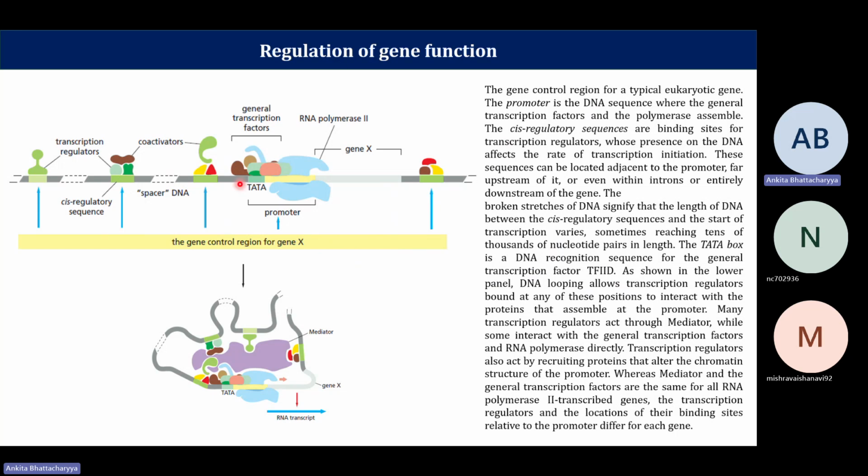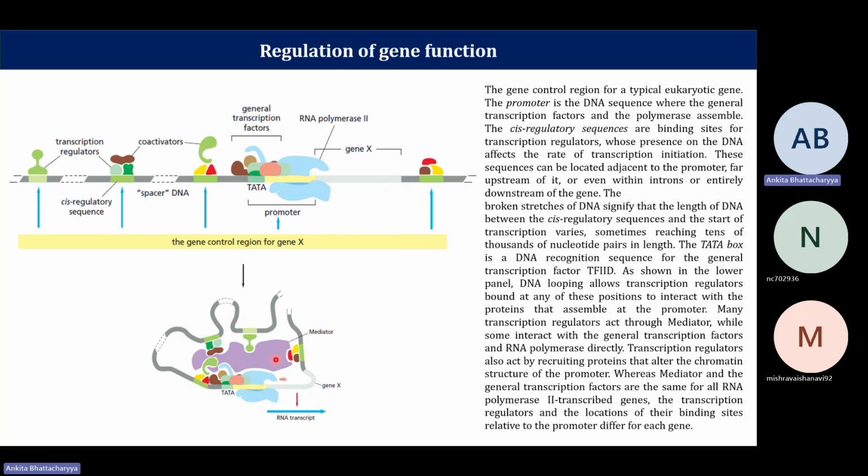Then you have co-activators, which can be very close to the promoter, or quite far. You have these cis regulatory sequences, which when bound by trans factors can act as activators or co-activators of the transcriptional process. And the reverse is also possible, where it can impede the expression of a gene as well. So depending on this, the gene function can be controlled. And here what you see is pretty much an example of the looping I was talking about.